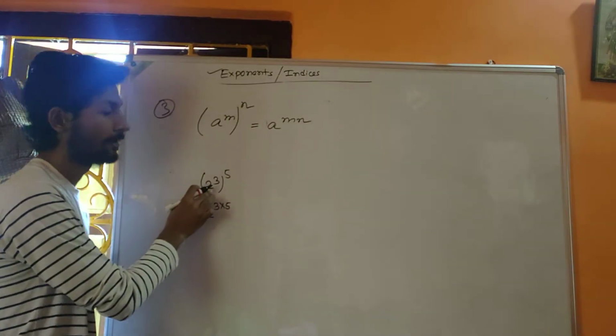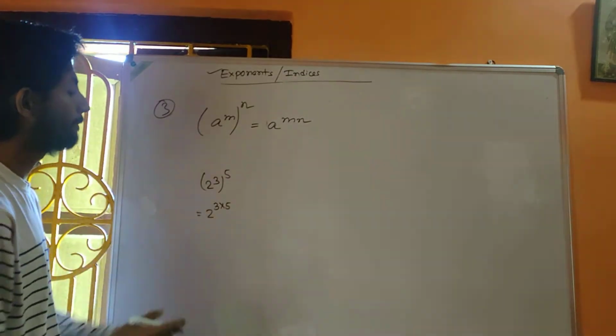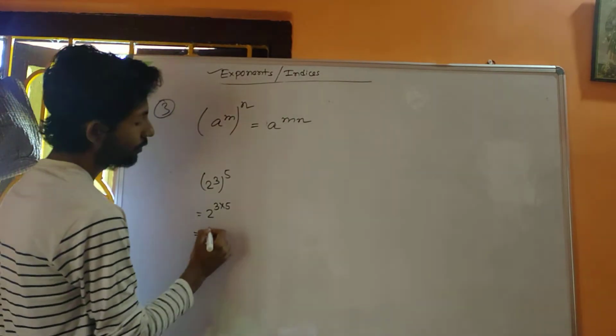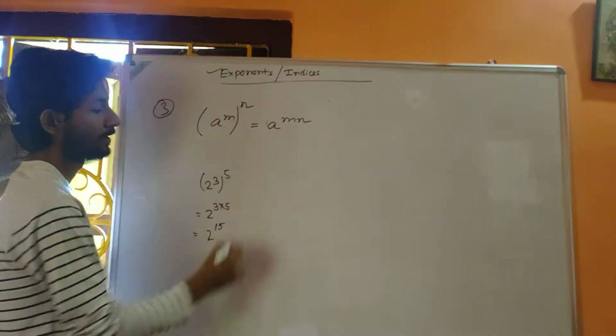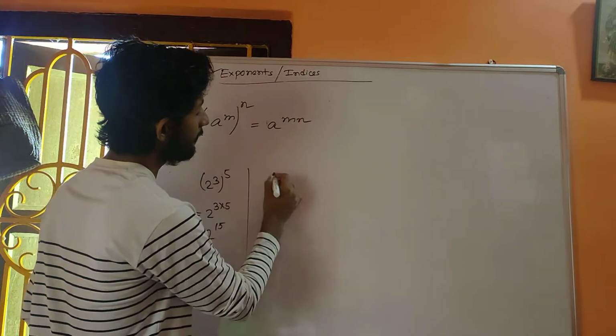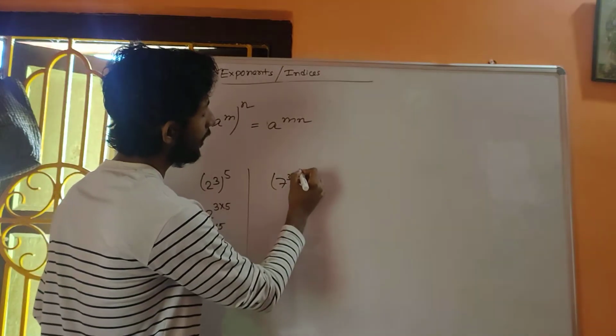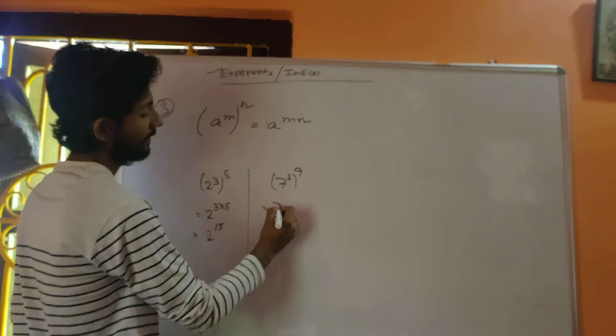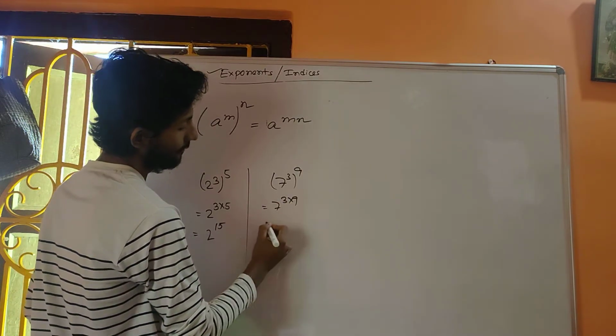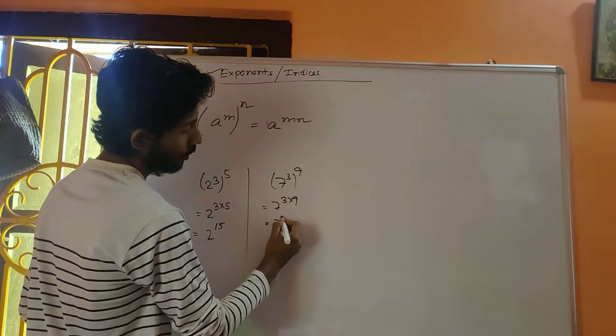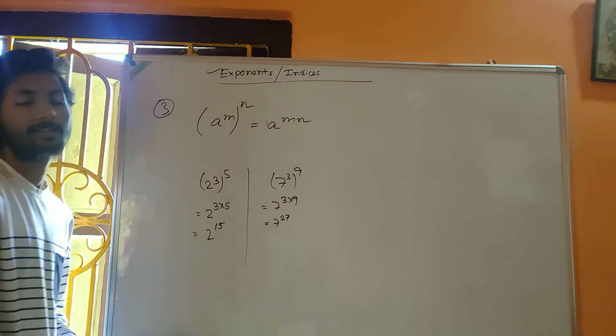Powers will be multiplied, not the base. So 2 to the power 15. Taking another example, 7 to the power 3, whole to the power 9, then 7 to the power 3 into 9, 7 to the power 27, just like this.